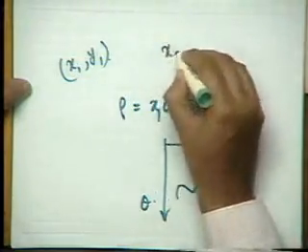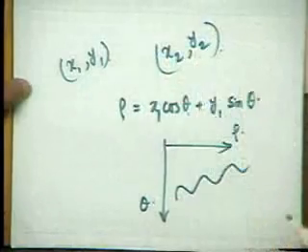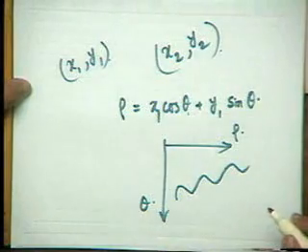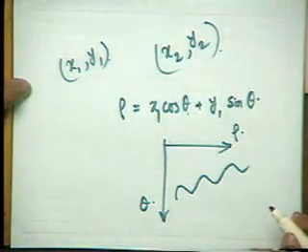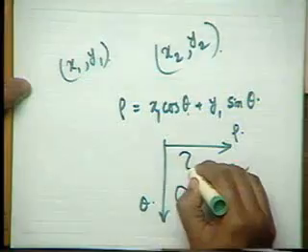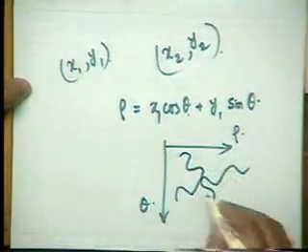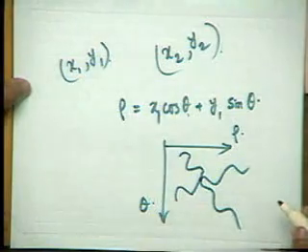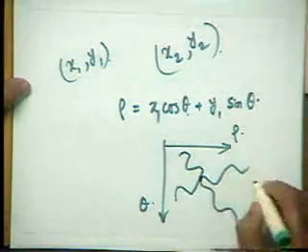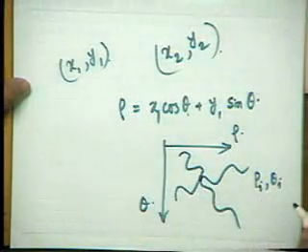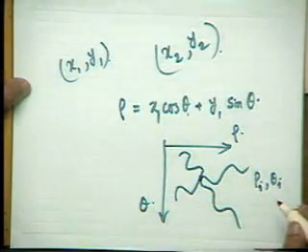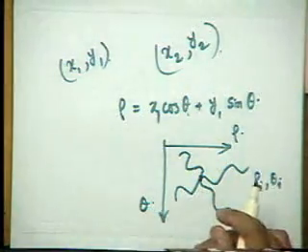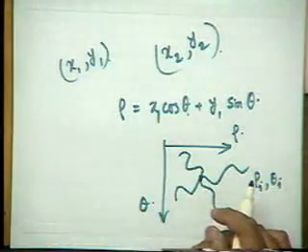I take the second point x2, y2, and by taking that second point, I will be tracing yet another curve. And what does the point of intersection of these two curves mean? Tell me the physical concept of that. That means that particular rho I, theta I, which is the intersection, corresponds to the value of rho theta which I get by joining the points x1 y1 and x2 y2.